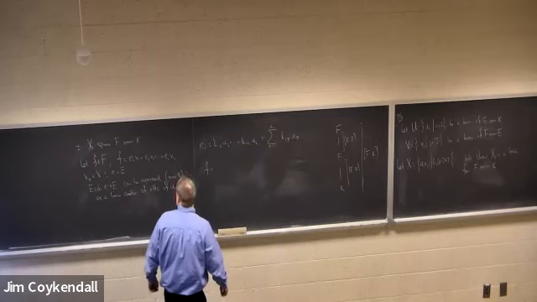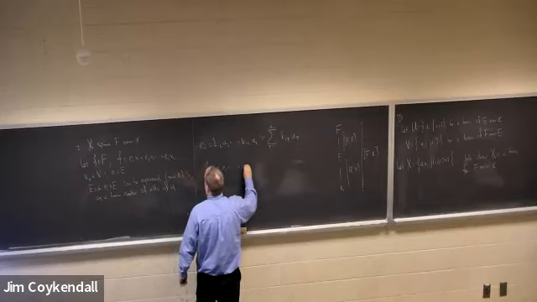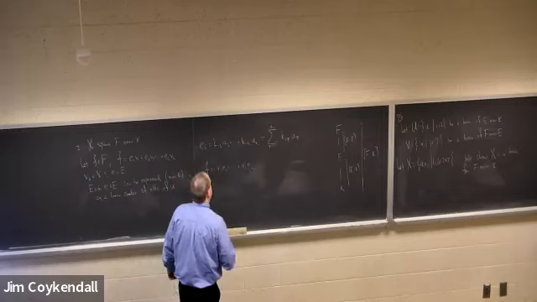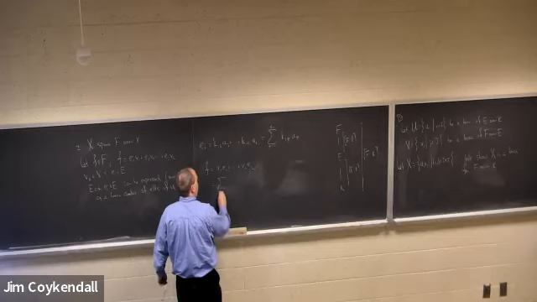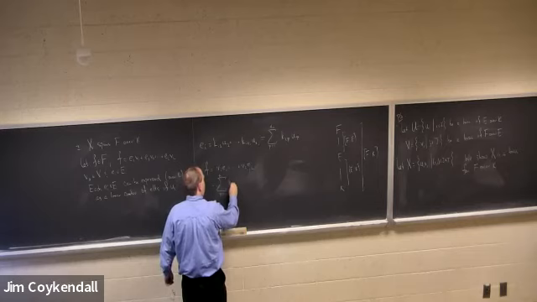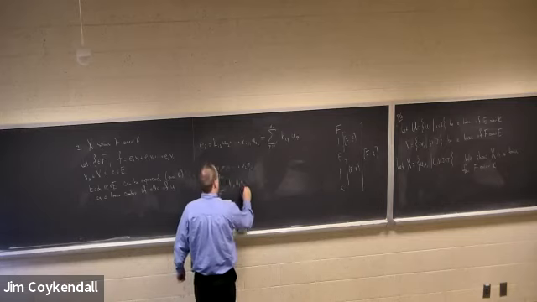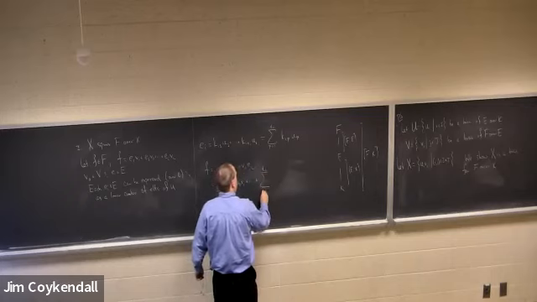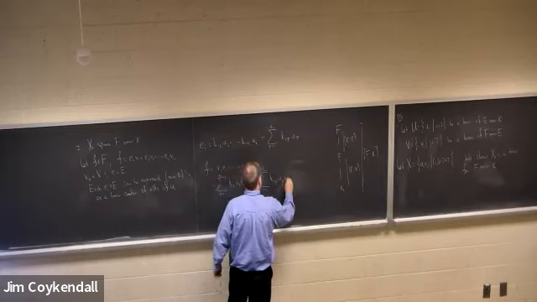So F is now equal to B1 E1 plus BL EL, which is the sum of K I P U P times V1 plus the sum up to L of K I P U P times VL.